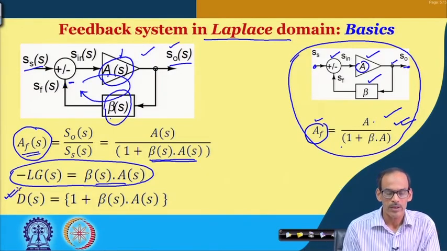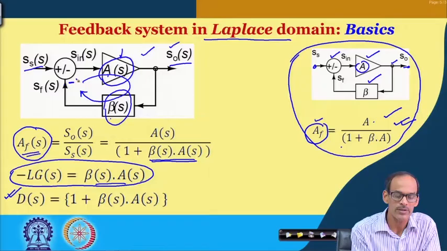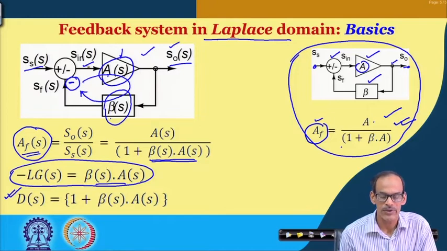In our foregoing discussion, we shall assume that this is a negative feedback system, which means that from here to here the signal experiences a 180 degree phase shift.